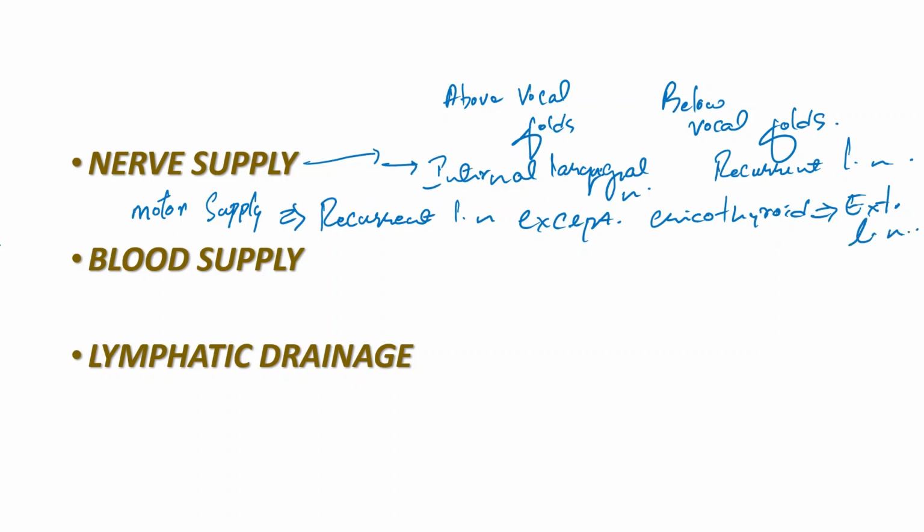So all the muscles of the larynx have their nerve supply from the recurrent laryngeal nerve, except the cricothyroid muscle, which has its nerve supply from the external laryngeal nerve.